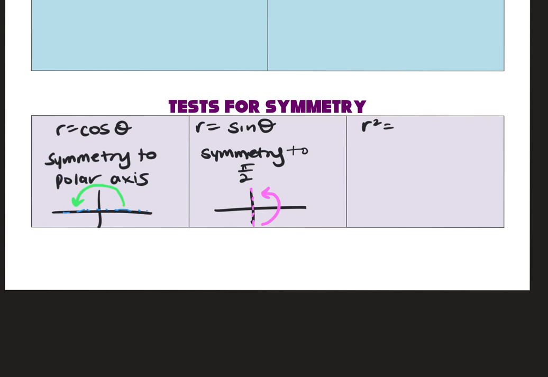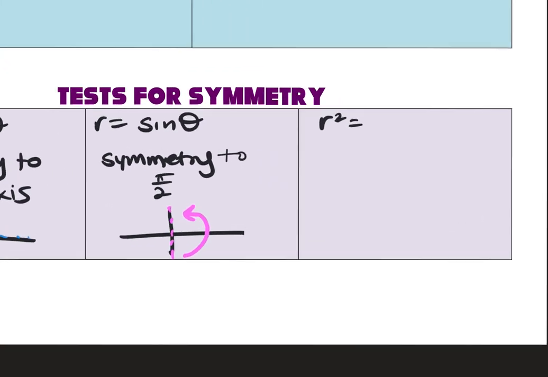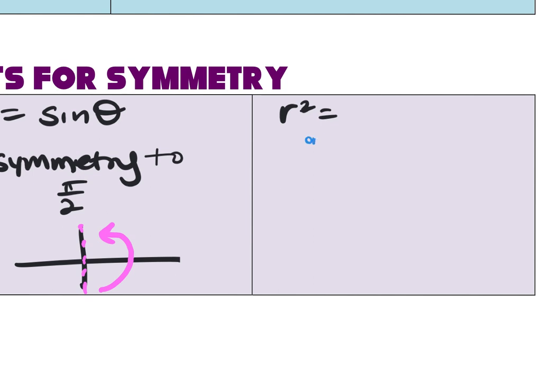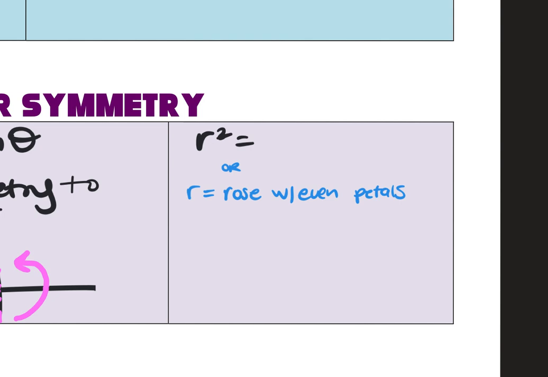Which brings to the last one. If it's an r squared, okay, which is a lemniscate, or it's an r with, that's a rose with an even amount of petals. Actually, the r squared, it's symmetric to your pole, which means anything that happens in the top right gets reflected down in the bottom left.